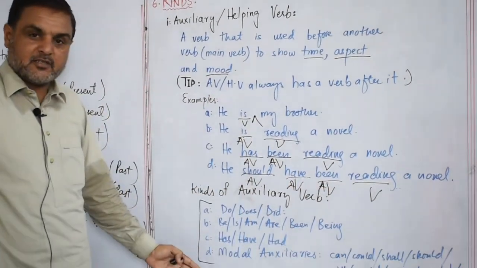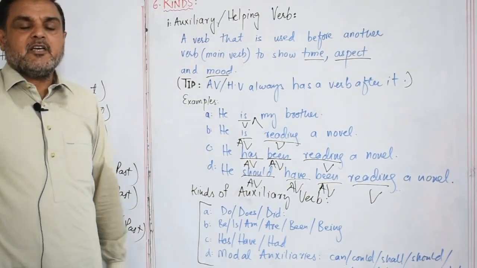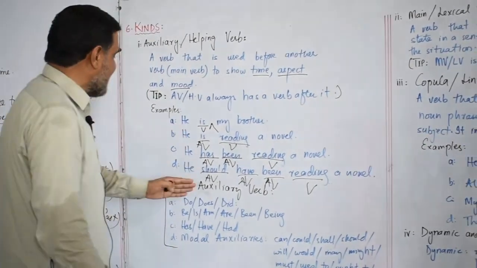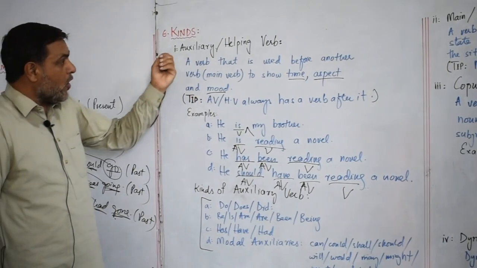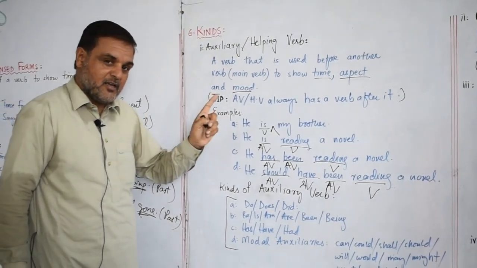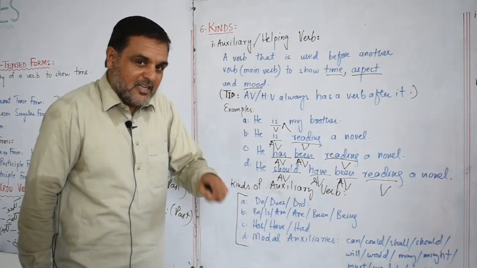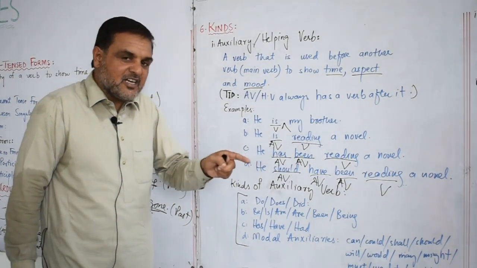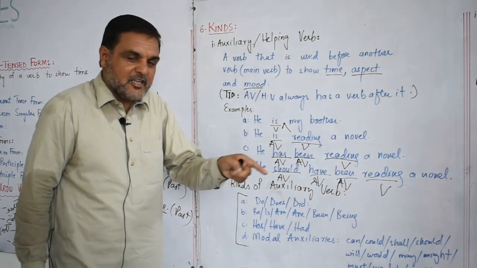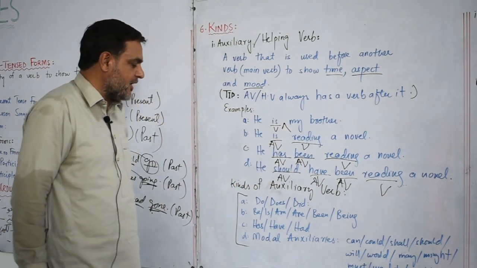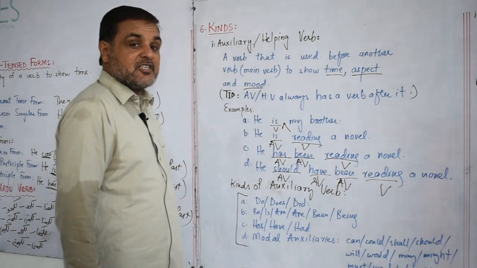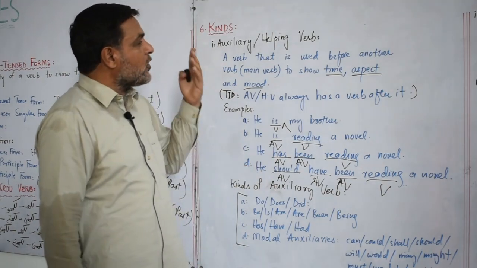You will have the whole list. They are limited in number. They are a closed class. So keep that in mind. So this was our discussion of auxiliary verb. The same thing: an auxiliary verb helps another verb that comes after it. If it does not help another verb, if there is no verb after it, it can never be called an auxiliary verb. This was our brief discussion of auxiliary or helping verb.